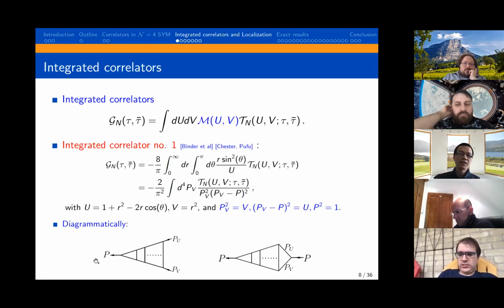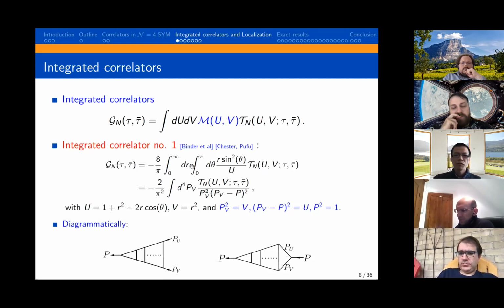Suppose you have, say, a Feynman diagram like this for the correlator. What the integrated correlator does, really simply, is you connect these two, as I draw here. And due to momentum conservation, I should insert the P as well. So for the first case, that's all the integrated correlator does. It sounds innocent.